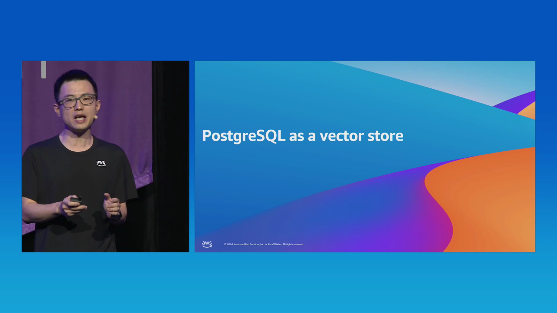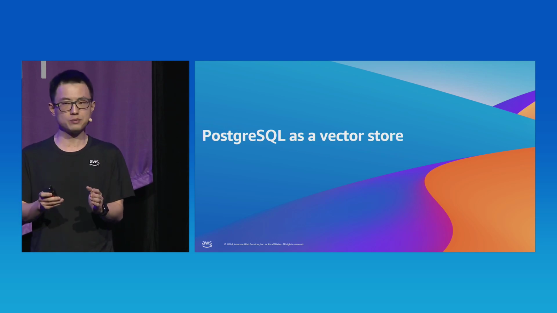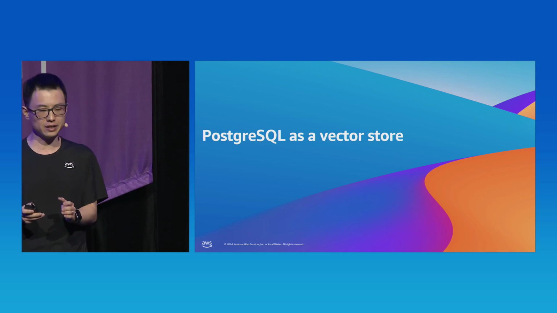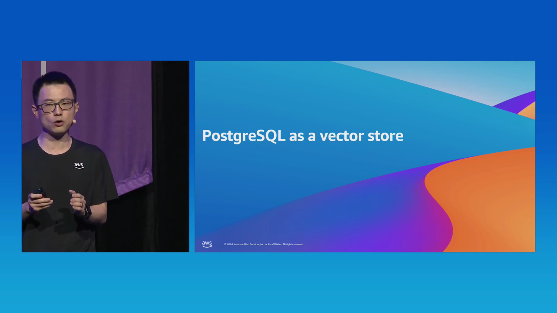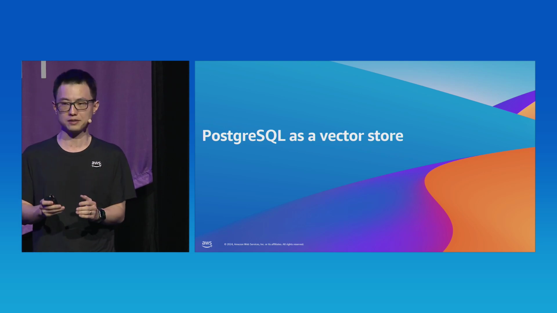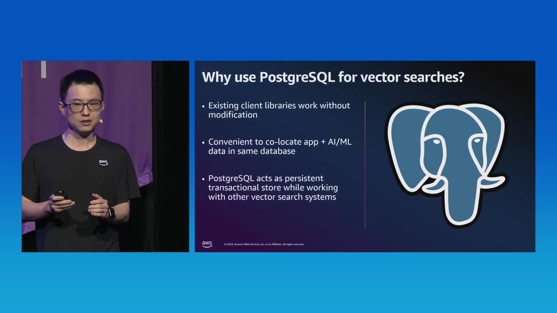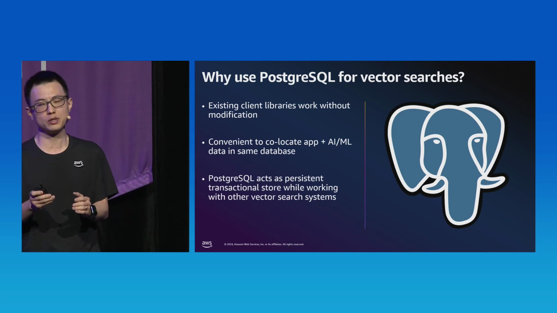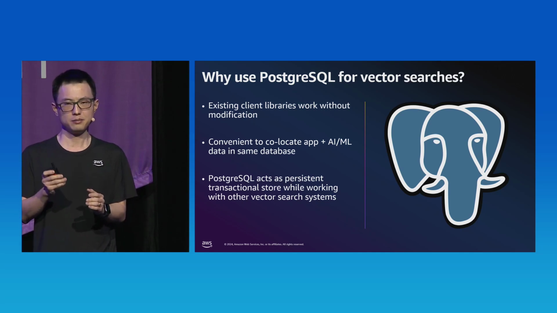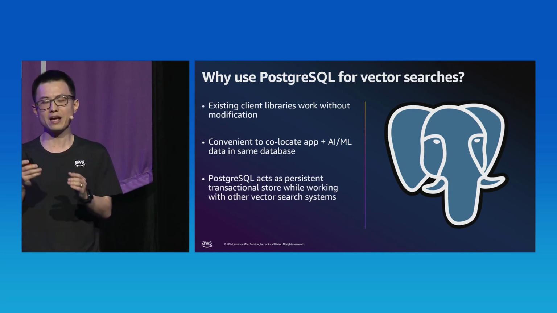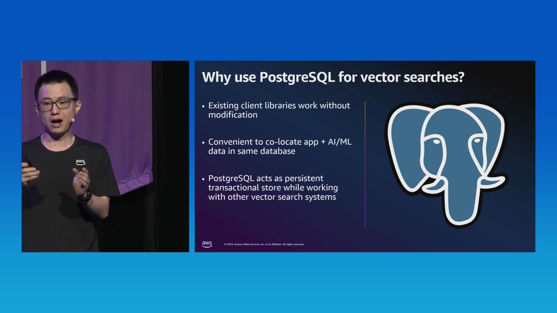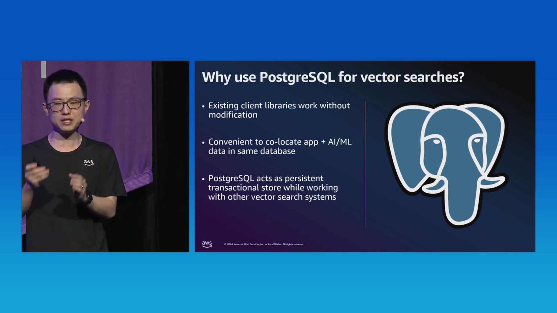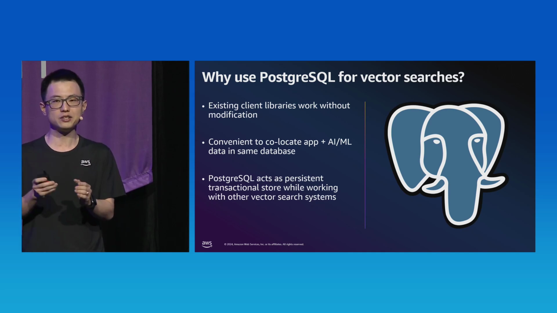As we see in the demo, we choose PostgreSQL as a vector store here. Actually, using PostgreSQL as a vector store is a very popular choice. The reason why we choose PostgreSQL, first, is because we can co-locate our embedding data with your other data, for example, your application data and your transaction data.